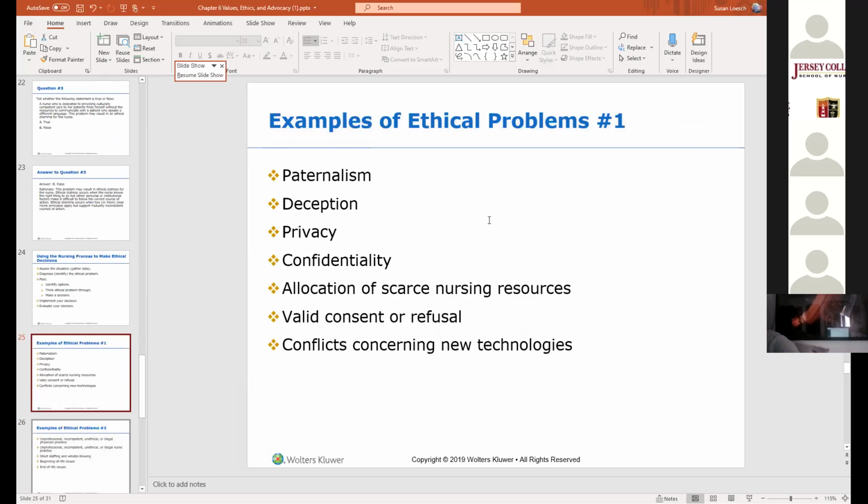Here are some examples of things that could cause ethical problems: paternalism, deception, privacy, confidentiality, scarce nursing resources, valid consents or refusals, conflicts concerning new technology, like new ways of evidence-based practice that maybe haven't been put into use yet.